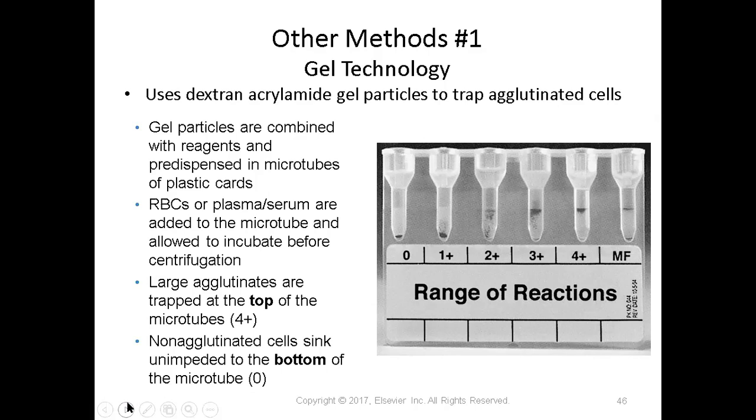However, when you're working in a busy blood bank laboratory, it would be just really maniacal to think that you could test every donor or every patient with tube alone. You'd be sitting there all day. You'd go crazy.